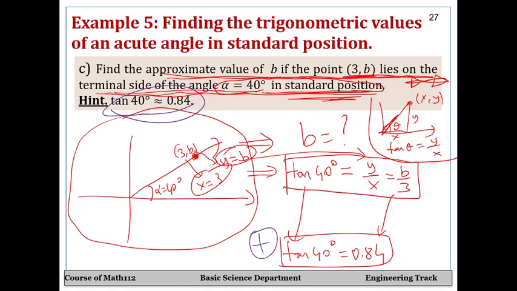So b over 3 is equal to 0.84, approximately. So b turns out to be 3 times 0.84, which is 2.52, or this approximate value.